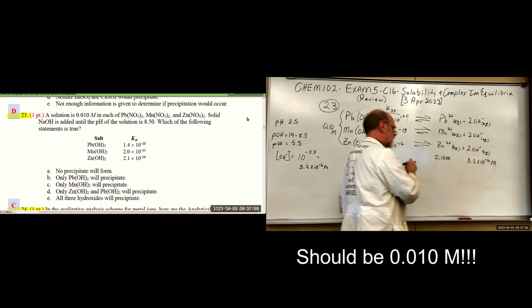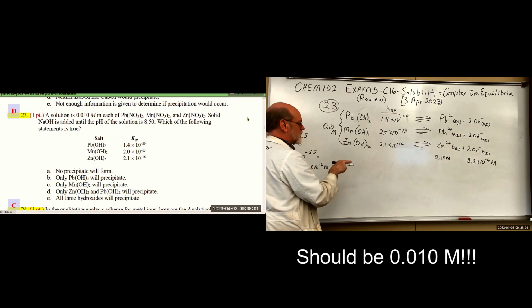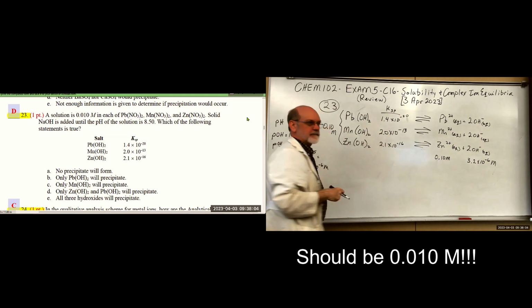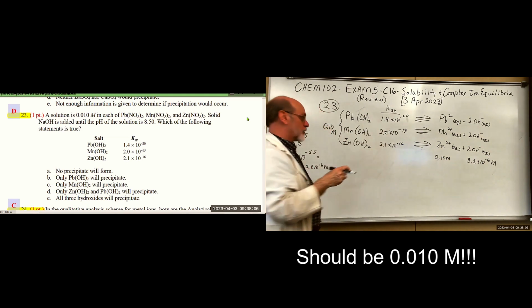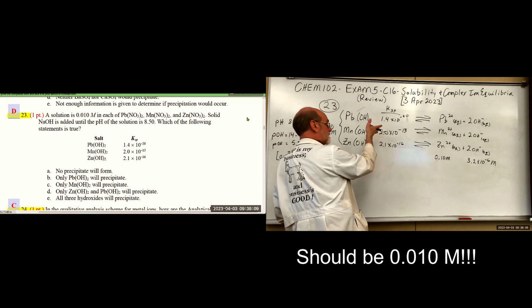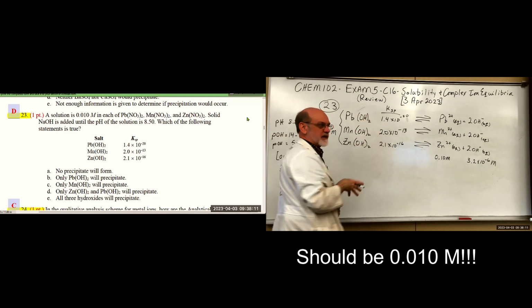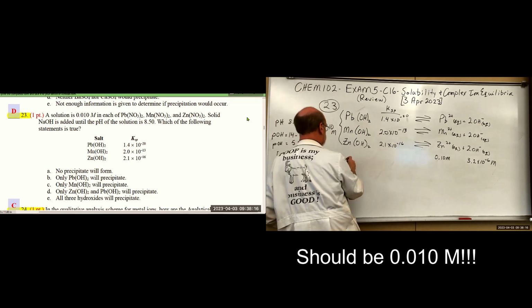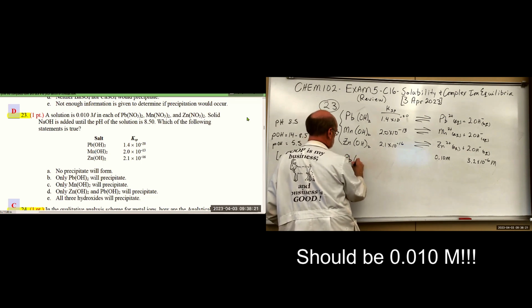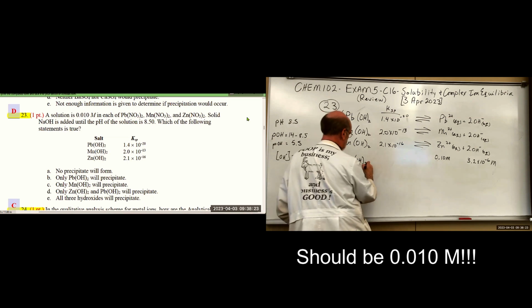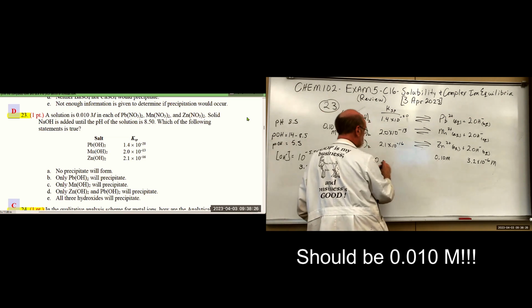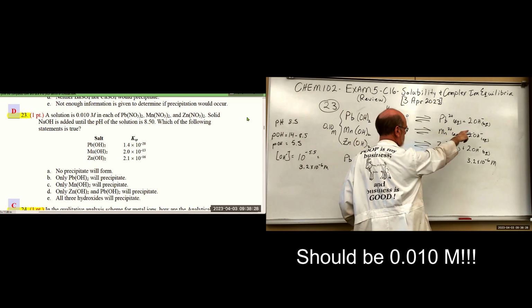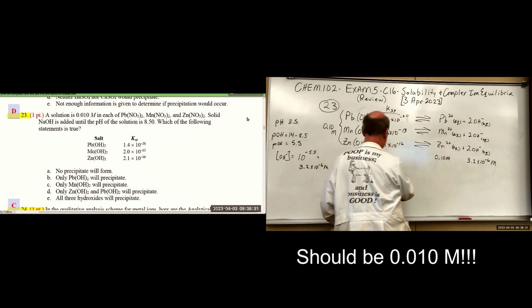So in this case, what we want to do is calculate the Q for each one of these and compare it to their KSPs. And for the ones where the Q is greater than the KSP, they will precipitate. So for the first one, the Q is equal to what? It's 0.1 molar.